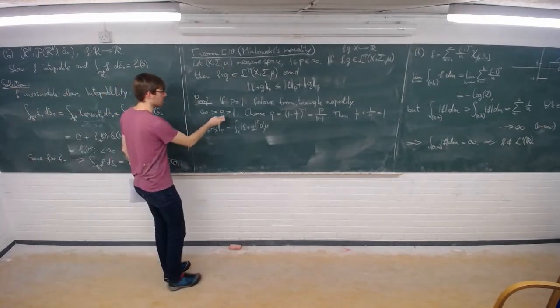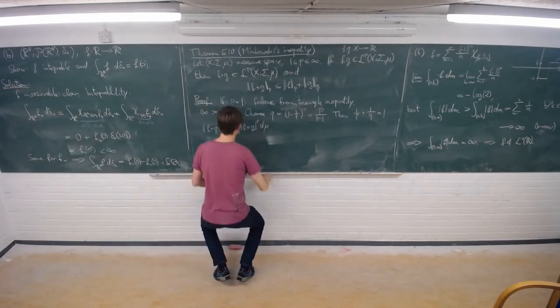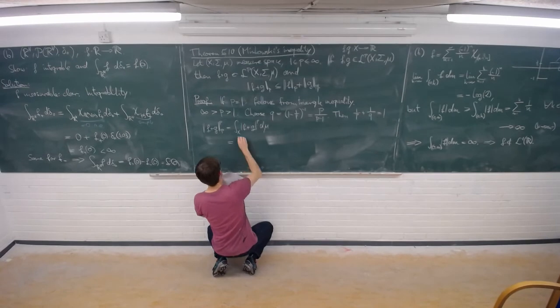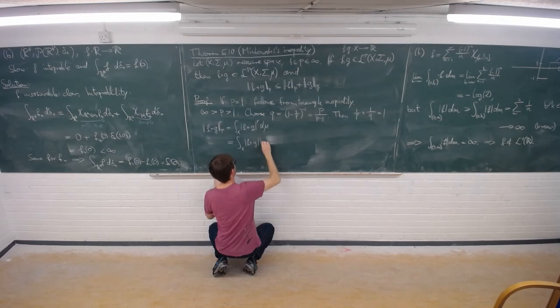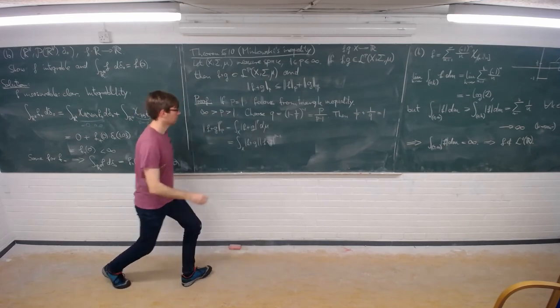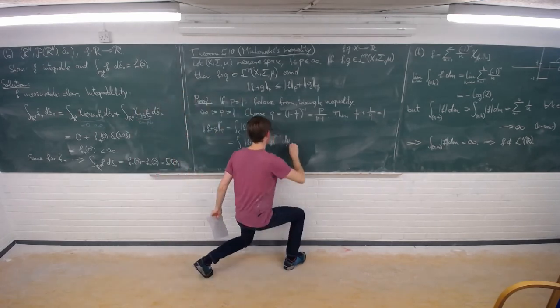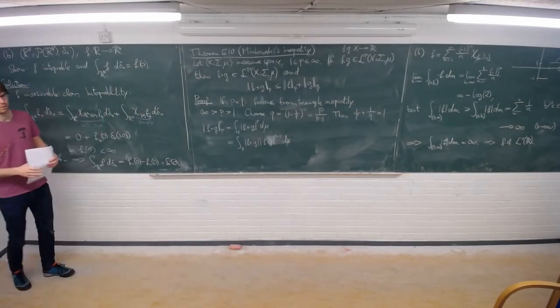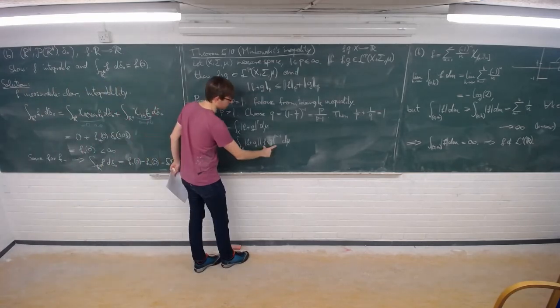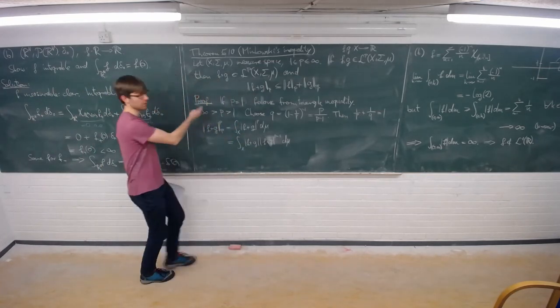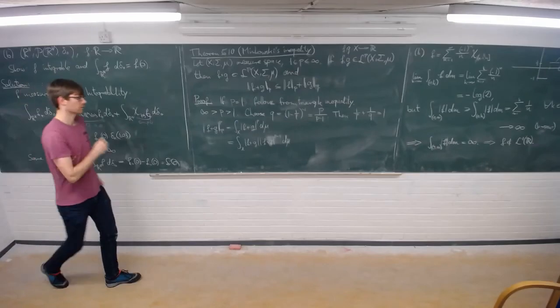And now, because p is strictly larger than 1, we can do the following. This is the same as integral of |f plus g| times |f plus g| to the power p minus 1, right? And now the exponent of the second factor is still positive because p is larger than 1.